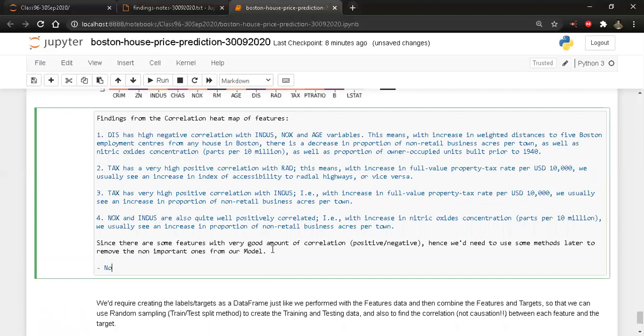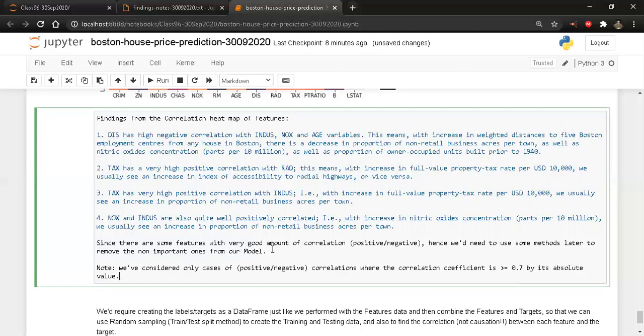Note: we have considered only cases of positive or negative correlations where the correlation coefficient is greater than or equal to 0.7 by its absolute value.